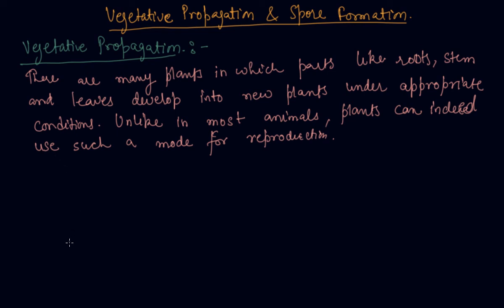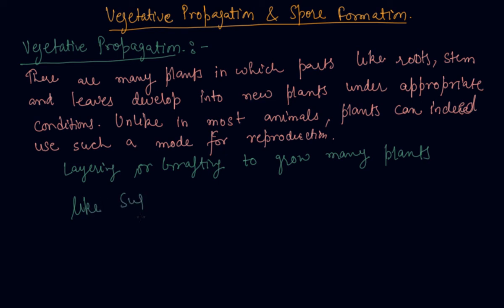Okay, so this property of vegetative propagation is used in methods such as layering or grafting, to grow many plants like sugarcane, roses or grapes for agriculture purposes.